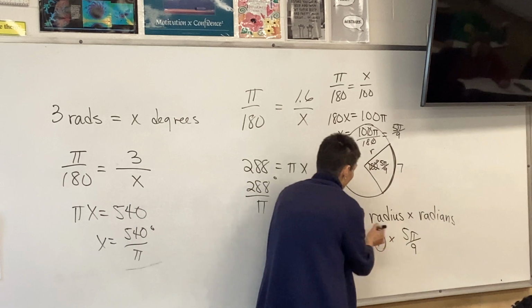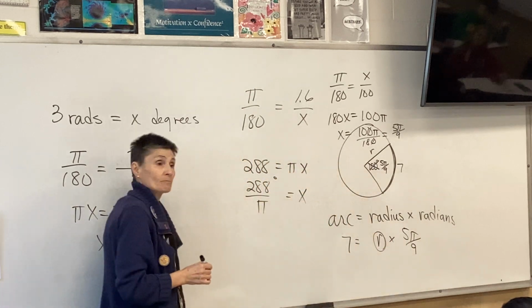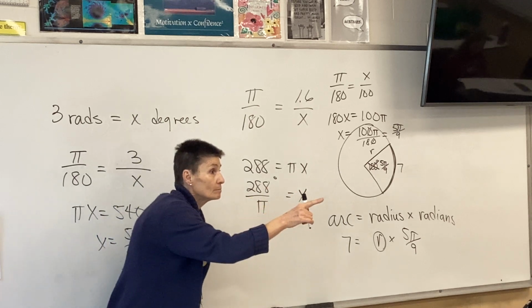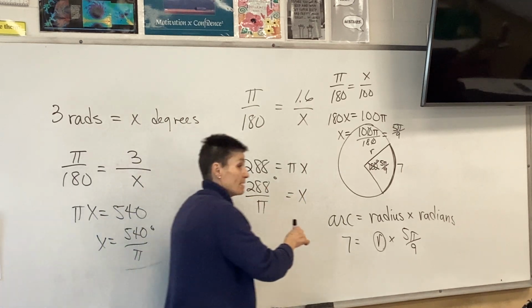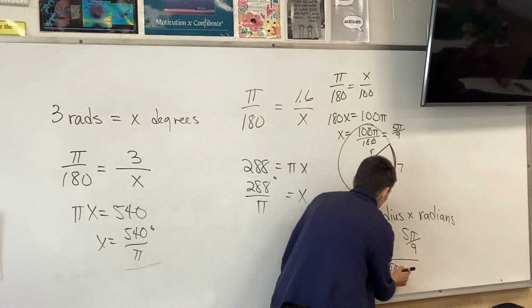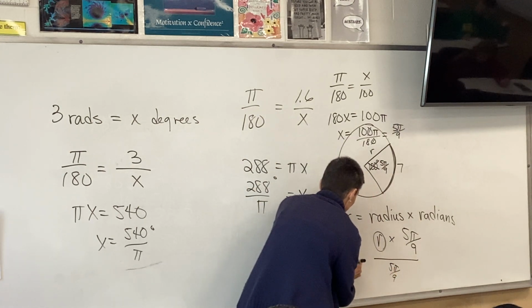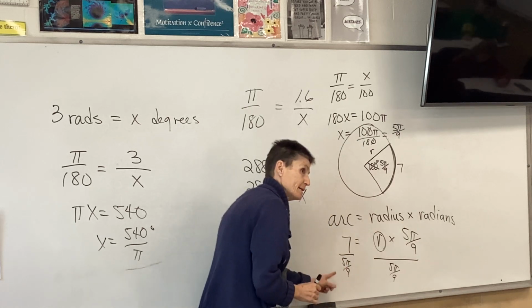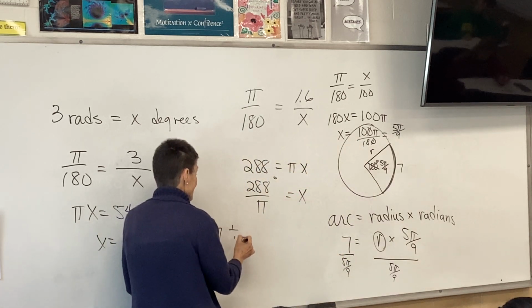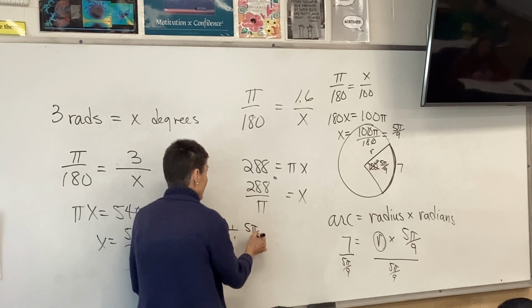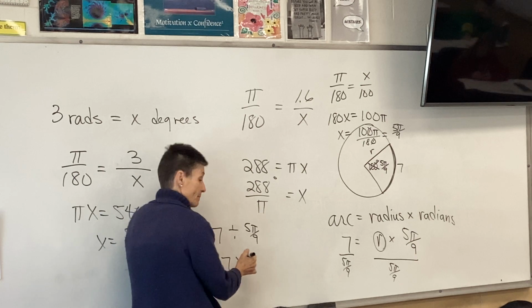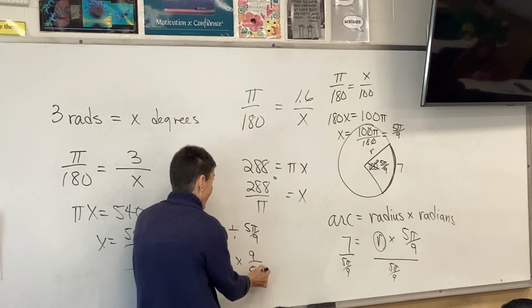You're solving for R. You want to get R by itself. Any ideas? So divide both sides by 5 pi over 9. Now I'm okay with that as long as you remember how to deal with this. 7 divided by 5 pi over 9 is 7 times 9 over 5 pi.